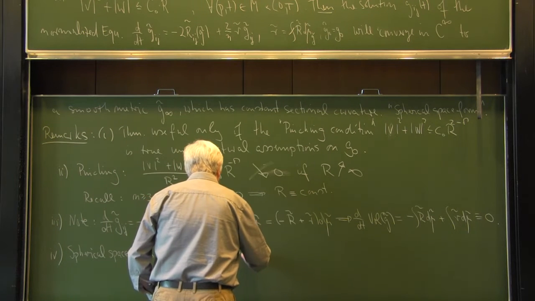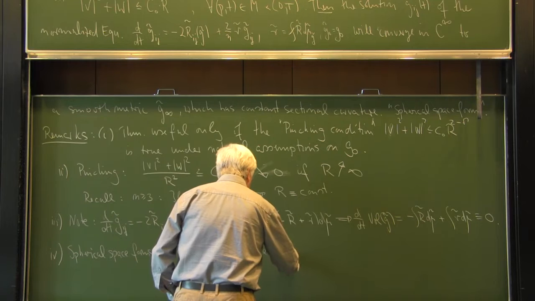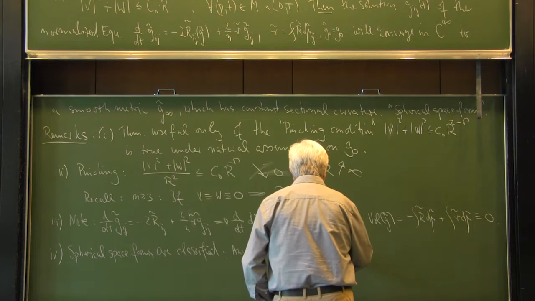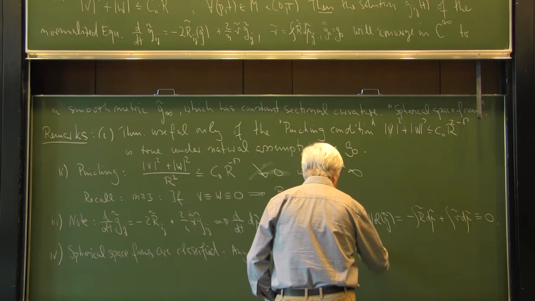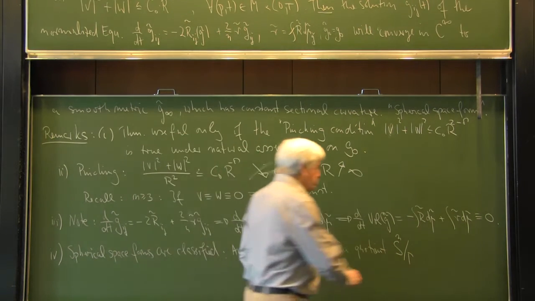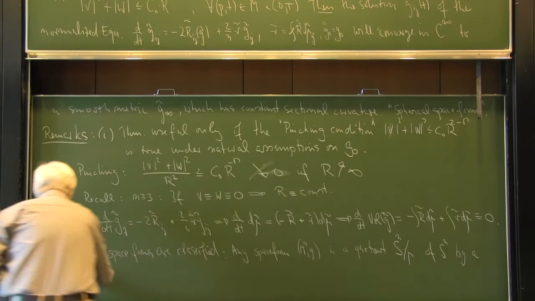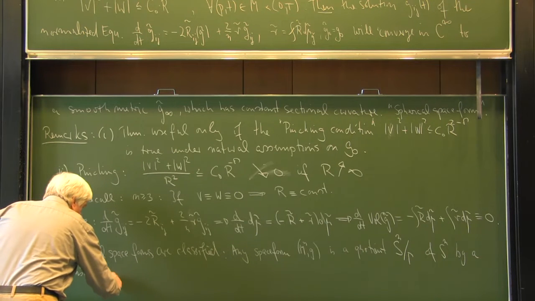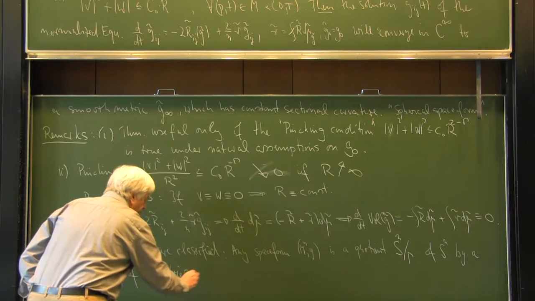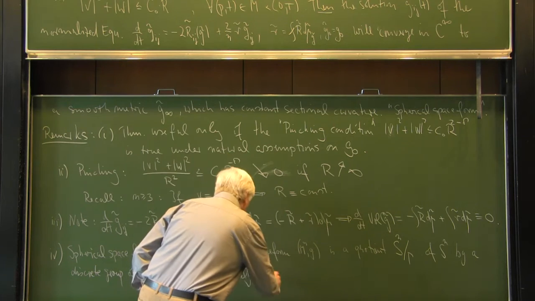Any space form Mn is a quotient of the sphere Sn by a discrete group of isometries acting freely on Sn.